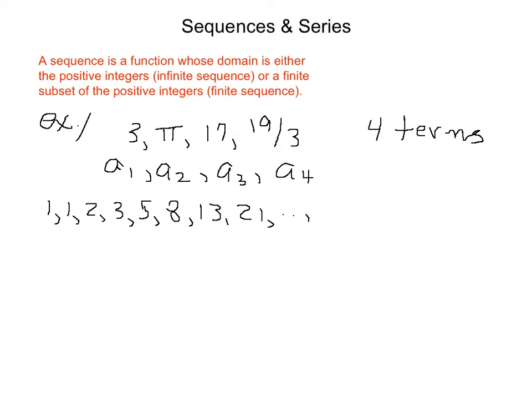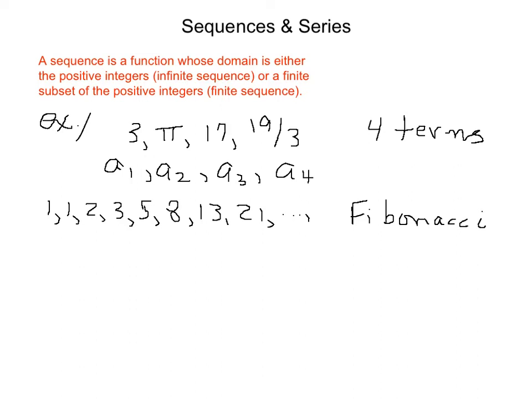So check this one out. This is infinite, and that's what these 3 dots at the end mean. It just keeps on continuing. This is one of my favorite sequences, and everybody gets a kick out of this one. This is known as the Fibonacci sequence. Take a second, press pause, and see if you can figure out what the pattern is.